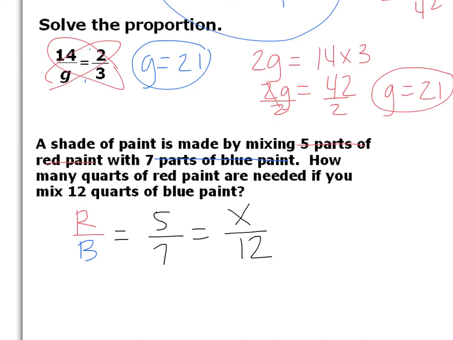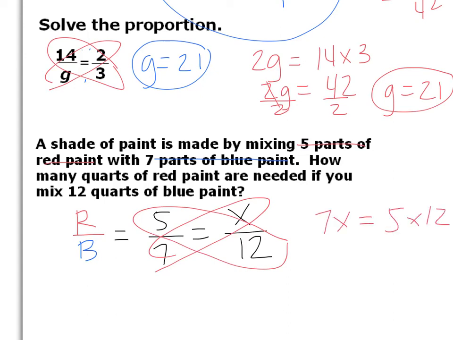Okay, now here's one like I was talking about. 7 doesn't go evenly into 12, so cross products is going to be the better route to go this time. So 7 times x is 7x equals 5 times 12. 5 times 12 is 60. So we do 7x equals 60. Undo your multiplication with division. And 60/7, how many quarts?